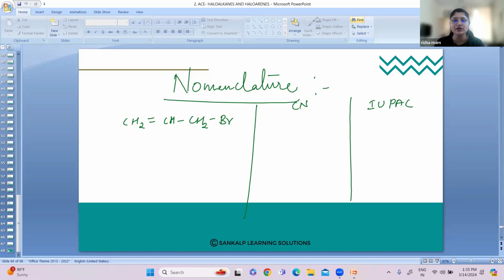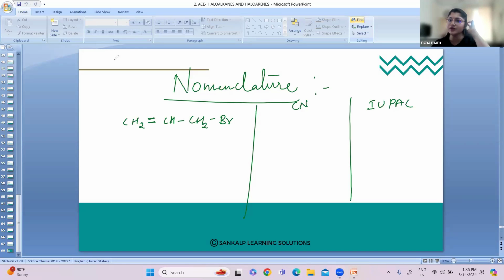Yes, what is the common name and IUPAC name for this given structure? N-propene bromide. See, we have seen the system, right?